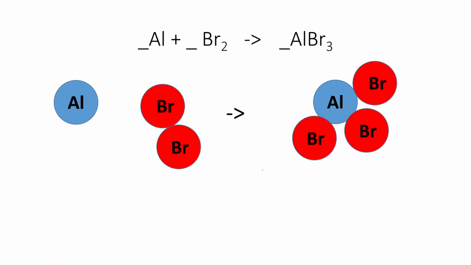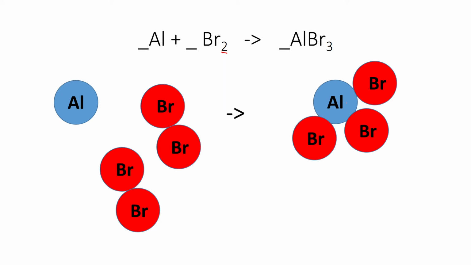Okay, so to look at trying balancing this out, you see we've got the same amount of aluminium on both sides, 1 and 1, but our bromine's unbalanced. We've got 2 on the left and 3 on the right. So in order to try and balance that out, we need to add bromines to the left side. So if I add another pair, because I have to come in pairs, that's what that 2 there means, I've got 4 here on the left and 3 on the right.